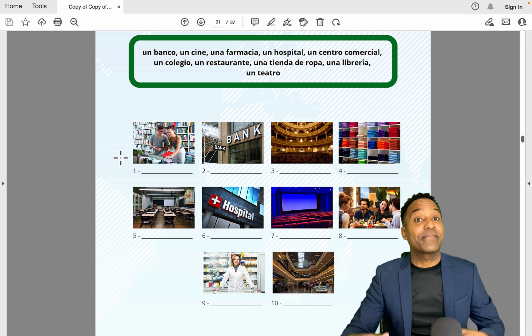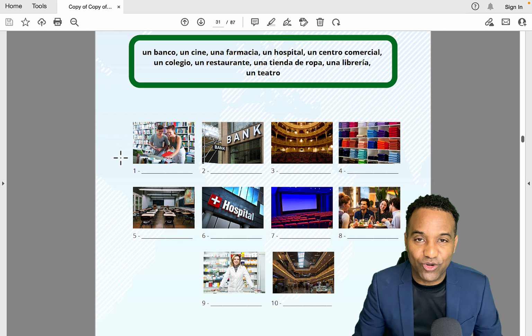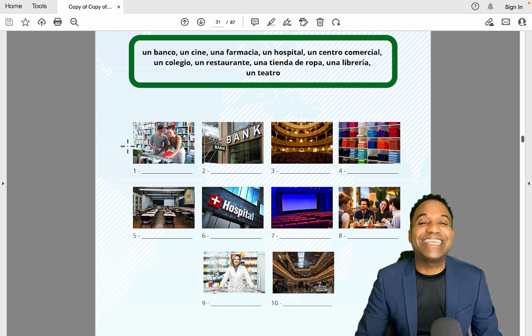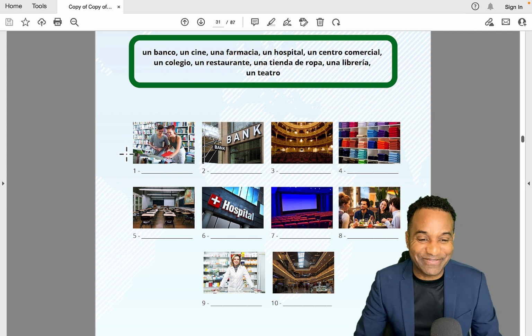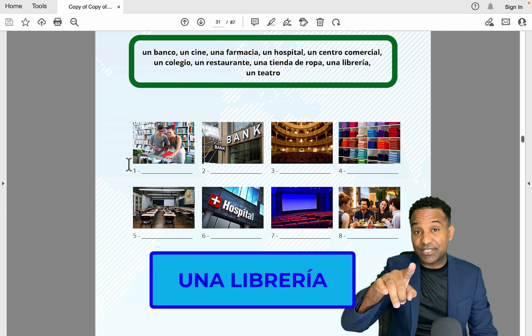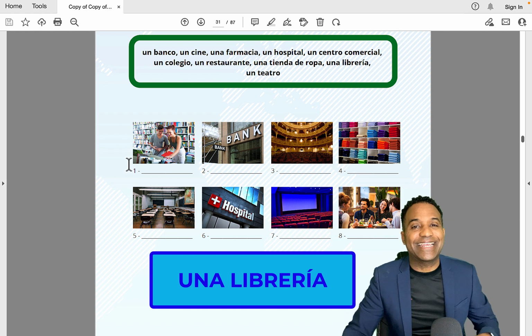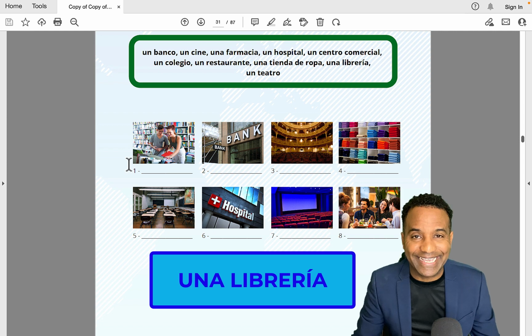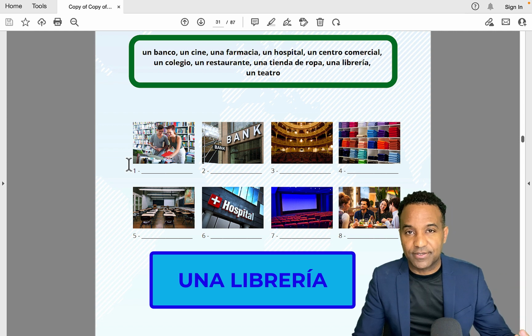Número 1. ¿Qué es la número 1? Número 1 es una librería. Ok, muy bien. Una librería. Don't confuse it with a library, guys. A library, in Spanish, we say biblioteca. This is a bookshop, okay?